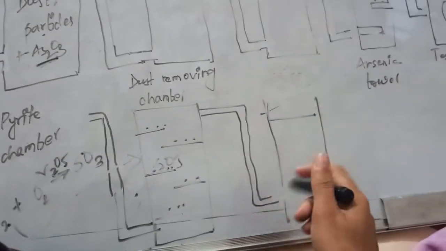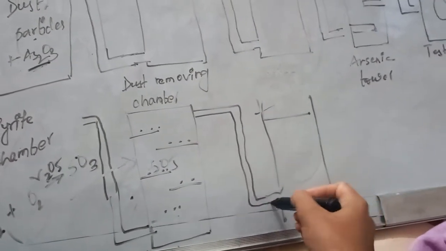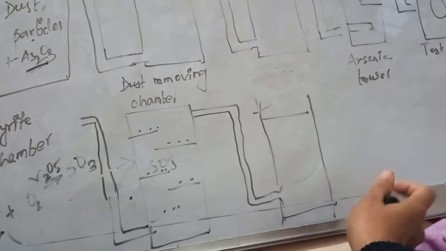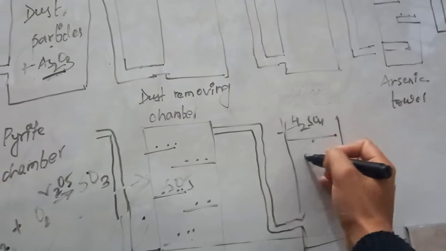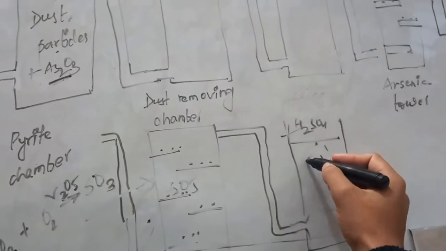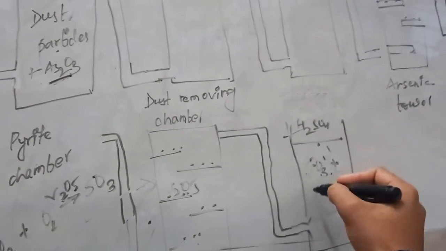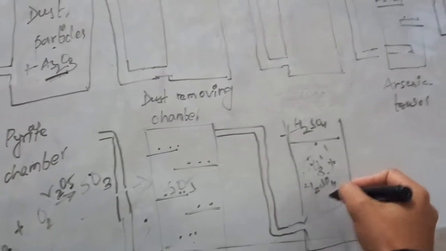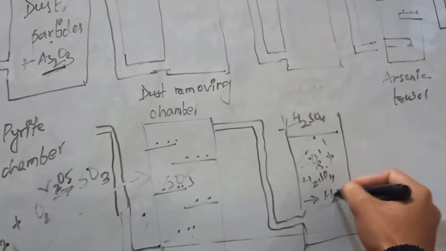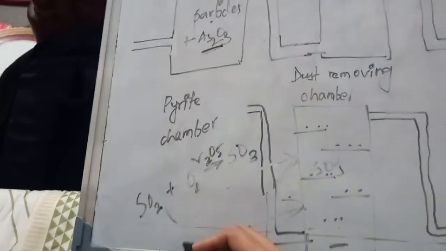The process is SO3 plus H2SO4 gives H2S2O7.